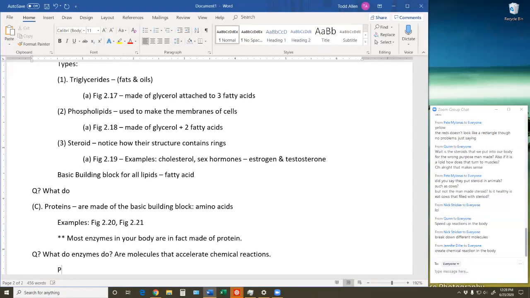Please understand: most enzymes are protein, but not all proteins are enzymes. Do you see the difference in that statement?